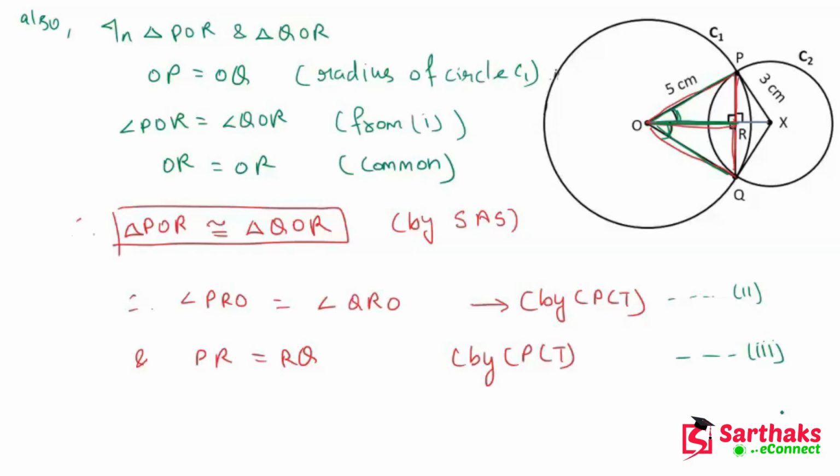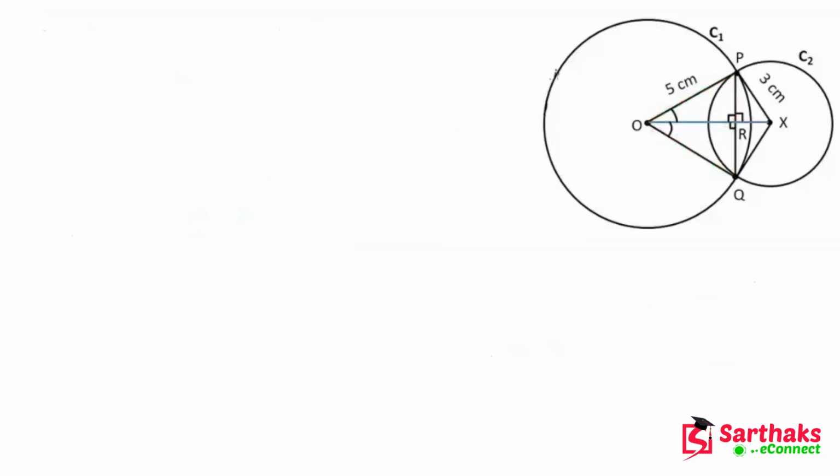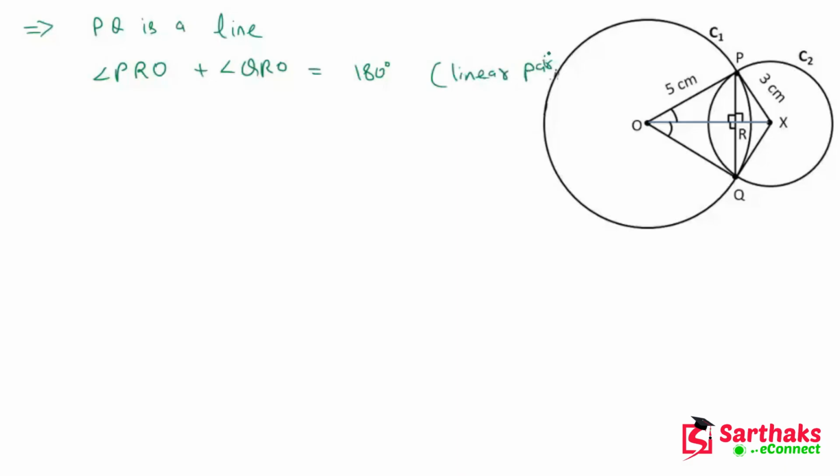Now we know that since PQ is a line, angle PRO plus angle QRO is equal to 180 degrees, because they are a linear pair.